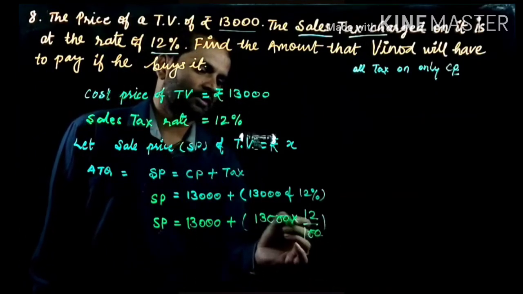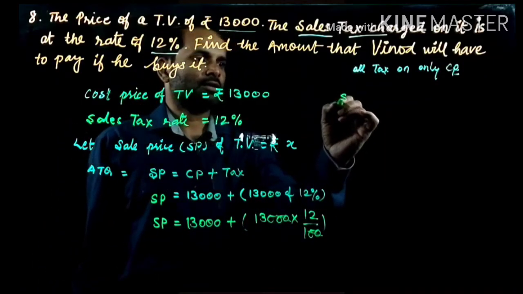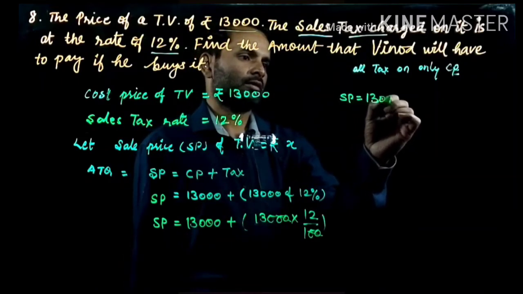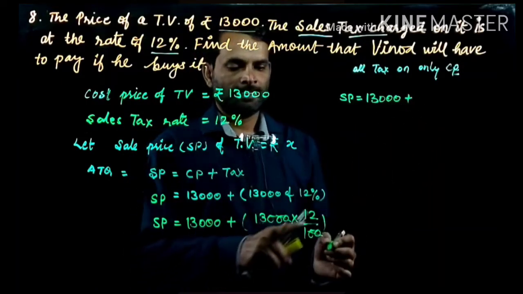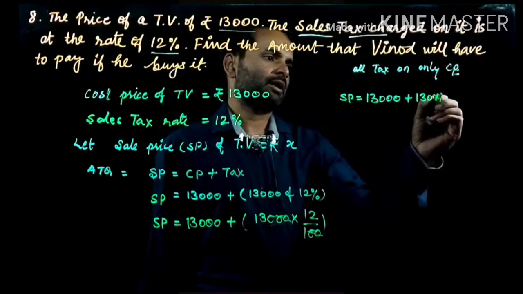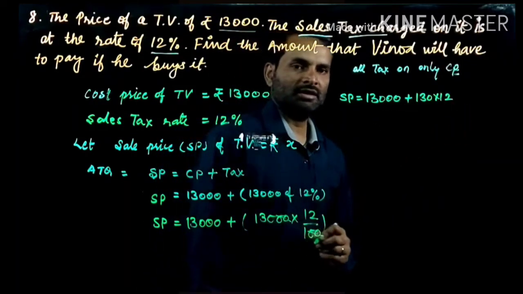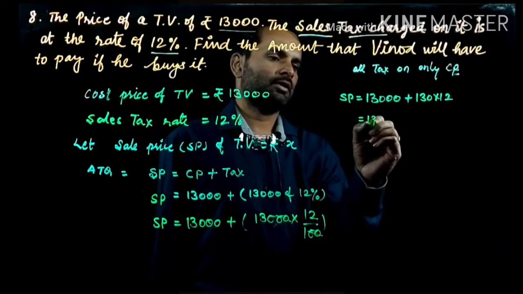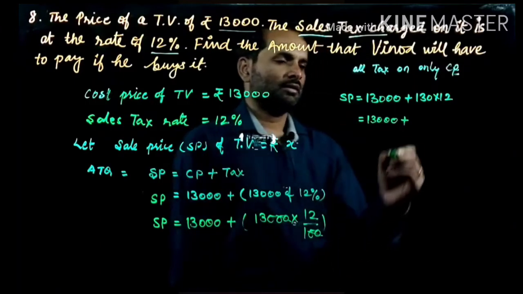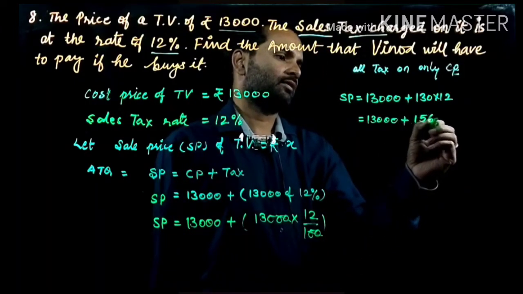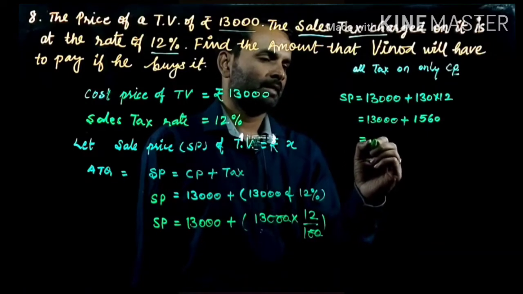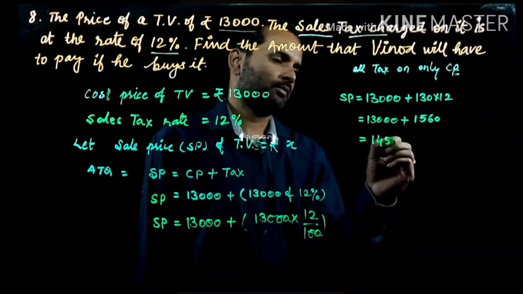The zeros cancel. Then write SP is equal to 13,000 plus 130 multiply 12. After multiplication you write 13,000 plus 1560, and after this addition it is 14,560.